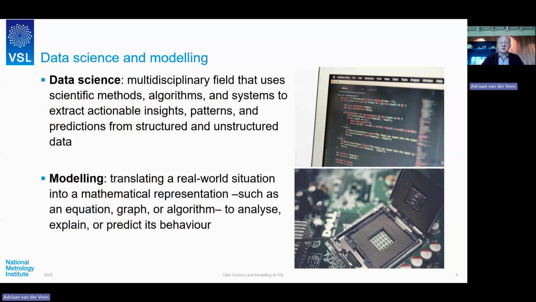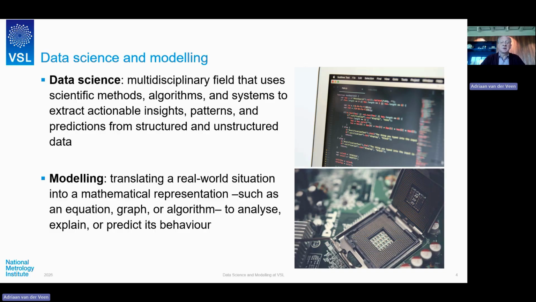What is data science? Well, data science is a multidisciplinary field that uses scientific methods, algorithms, and systems to extract actionable insights, patterns, and predictions from structured and unstructured data. Well, that is a whole mouthful, but that will become apparent in the next few slides. And modeling is probably the part that many of you understand better.